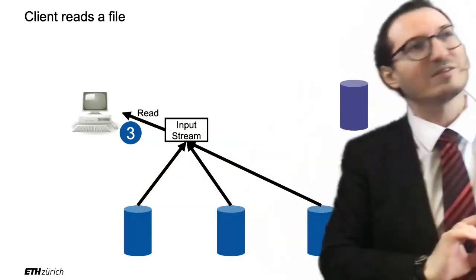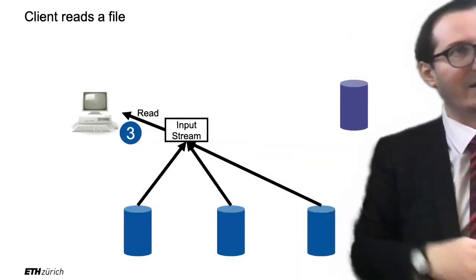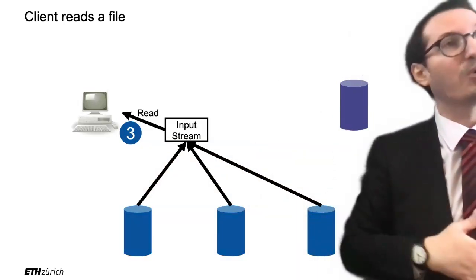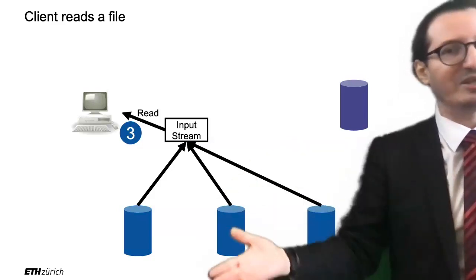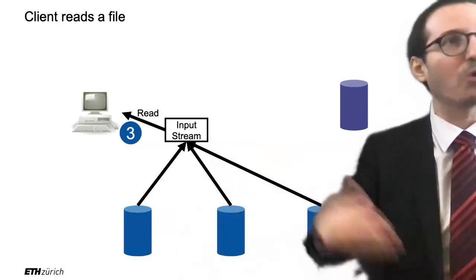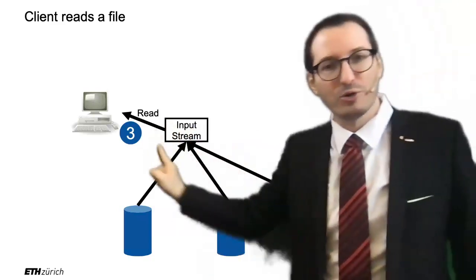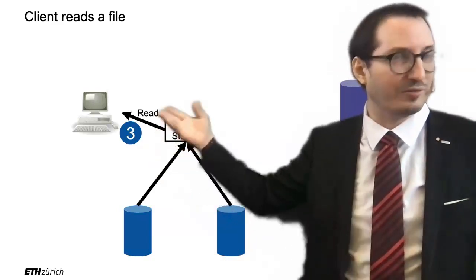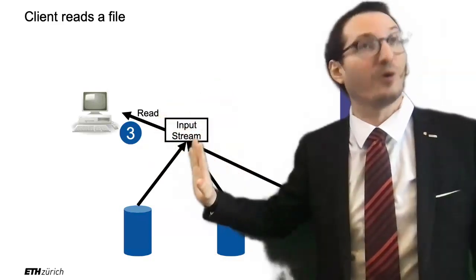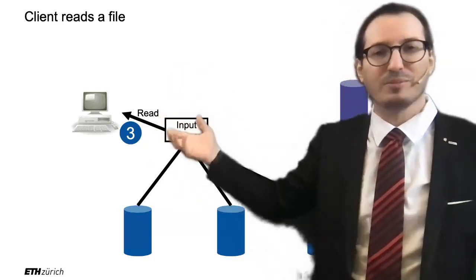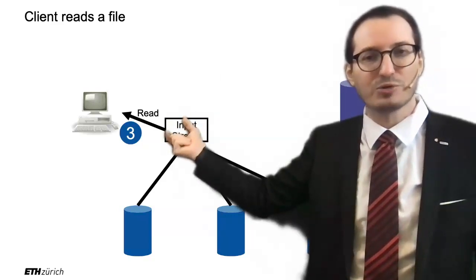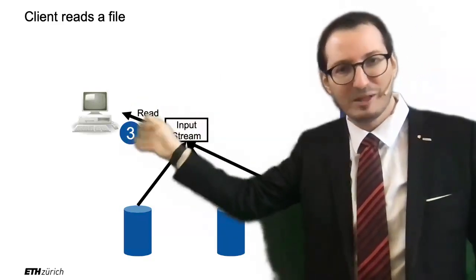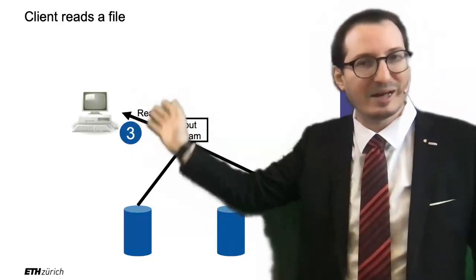But for convenience, if you are using Java or the Java API of HDFS, you don't need to worry about that, because the programmers of HDFS were kind enough to program all of that. They offer you what's called an input stream. It's one of the functionalities in Java that does it for you. So what you get from the HDFS API is an input stream, and you just read the bits, gigabytes of them.